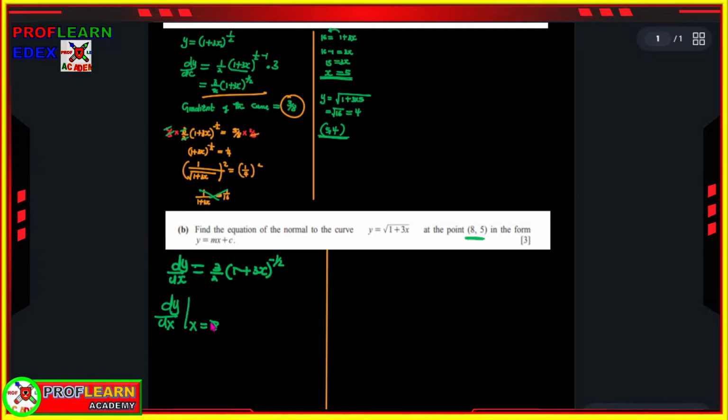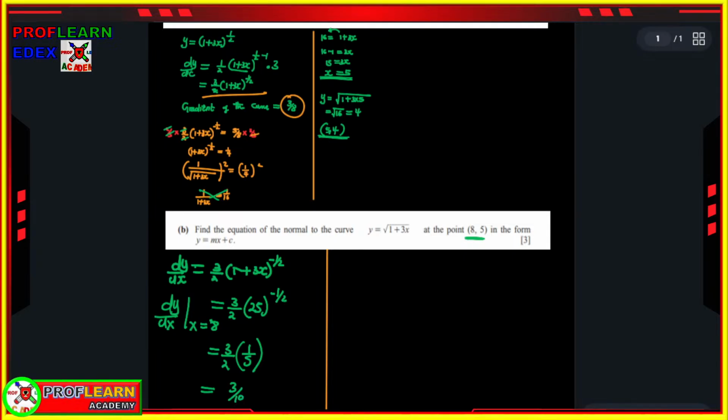So we shall find the gradient of the curve at that point: 3 over 2 into (3 times 8, which is 24, plus 1 to be 25) raised to the power negative 1/2. If you work it out, you are going to get 3 over 2 into 1 over 5, and that becomes 3 over 10.